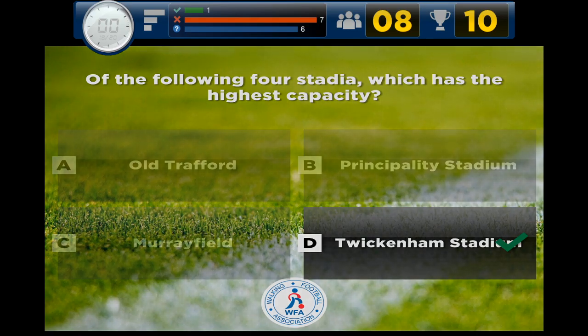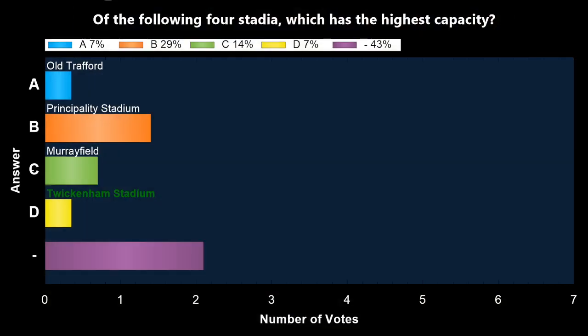And the answer is Twickenham. Twickenham with 82,000. Old Trafford 75,731. Principality Stadium 74,500. And Murrayfield 67,144.